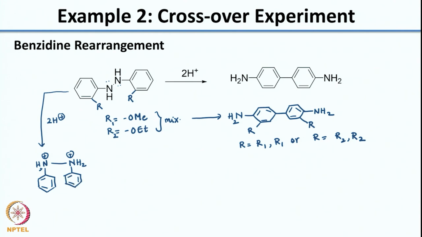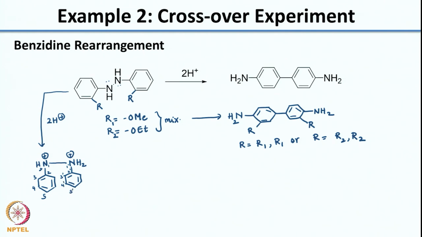So, in the earlier case we had seen what is called a 3,3 sigmatropic shift. Here what you observe is a 5,5 sigmatropic shift. So, what you can see is, you can imagine, if I call this 1, 2, 3, 4, 5 and 1 prime, 2 prime, 3 prime, 4 prime, 5 prime.